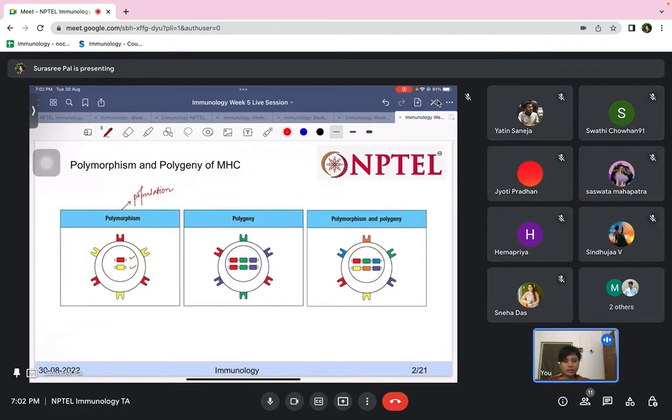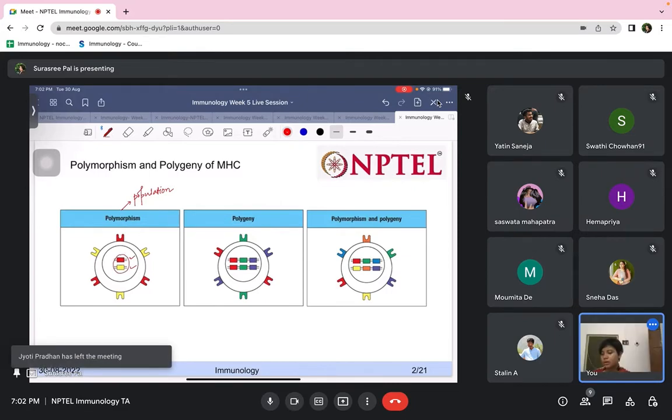However, polygeny is one event which has taken place in the course of evolution. That is, these MHC genes have been duplicated. Duplication of these MHC genes has taken place, which is why you can now find many MHC genes.